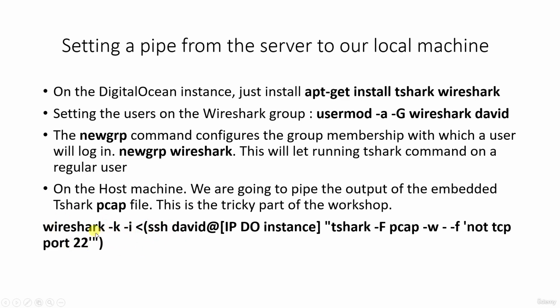Let me explain. As you know, this is the Wireshark command, and -i is the interface, and -i is not necessarily a network interface. In this case, it is a live stream interface going to output the redirection.